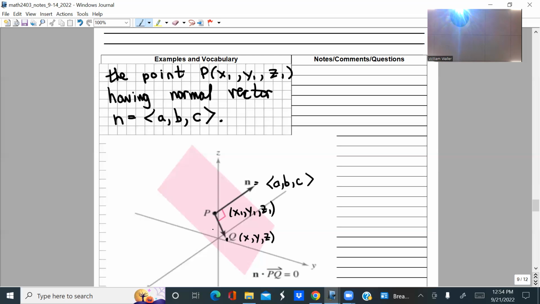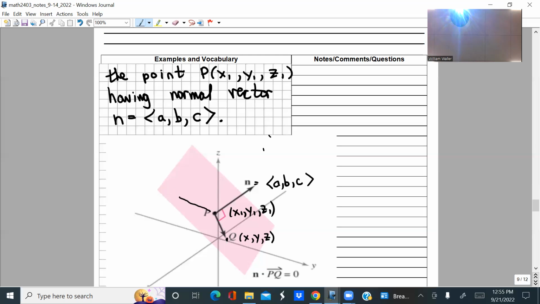Imagine we have another point on the plane. This is the given point. Suppose we're thinking of some other point on the plane. It could be down here, or up here, or over here. This point Q could be in lots of different places on that plane.